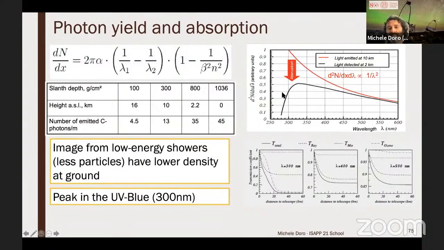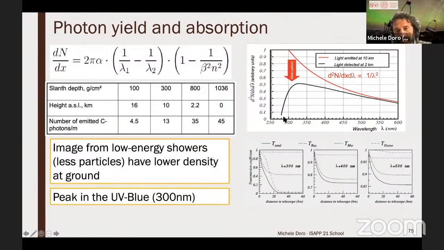But the light is emitted at 10 kilometers, and your instrument is at 2 kilometers, and you know that light gets absorbed. This optical light gets absorbed in the medium by Rayleigh and Mie scattering. Rayleigh is wavelength dependent. Mie is not wavelength dependent and is due to big particles in the atmosphere. The Rayleigh scattering is just interaction with the atmospheric nuclei.